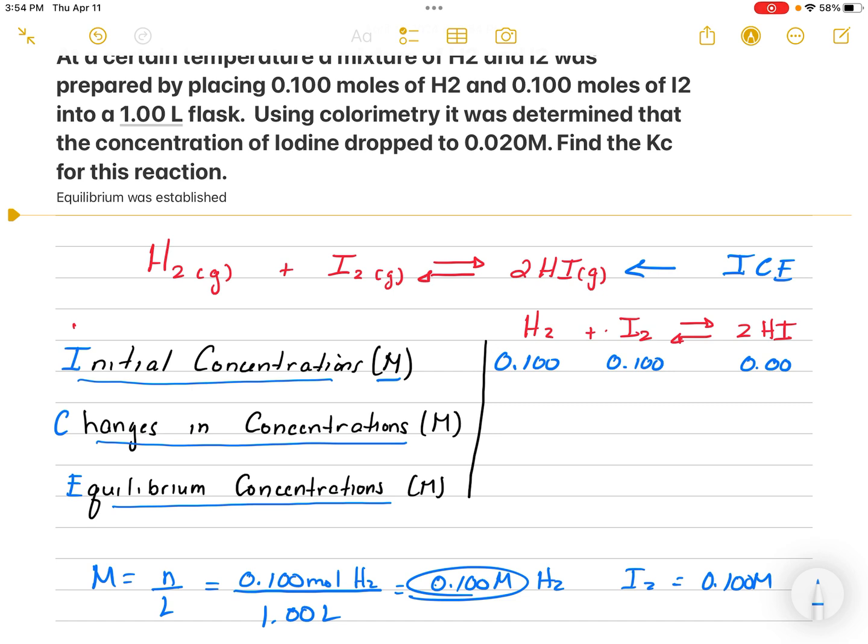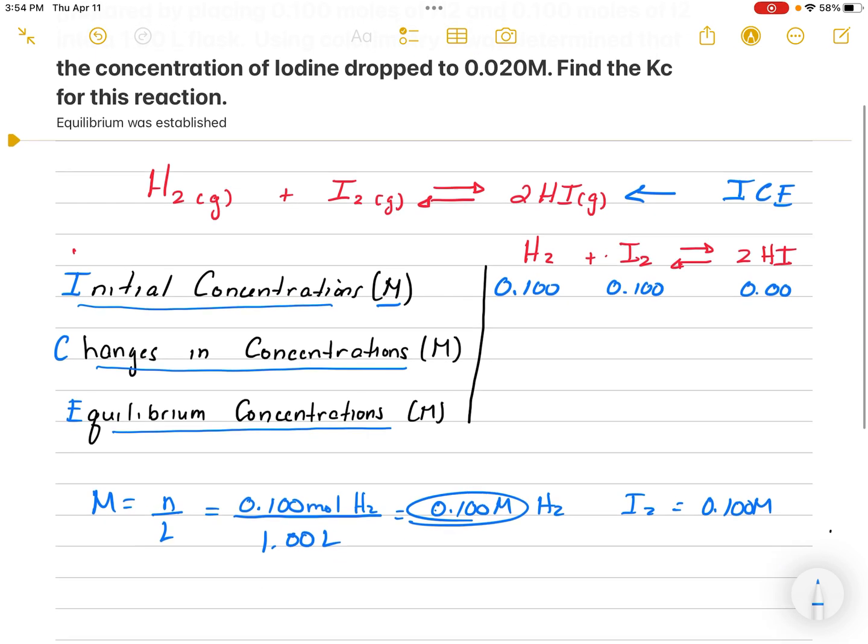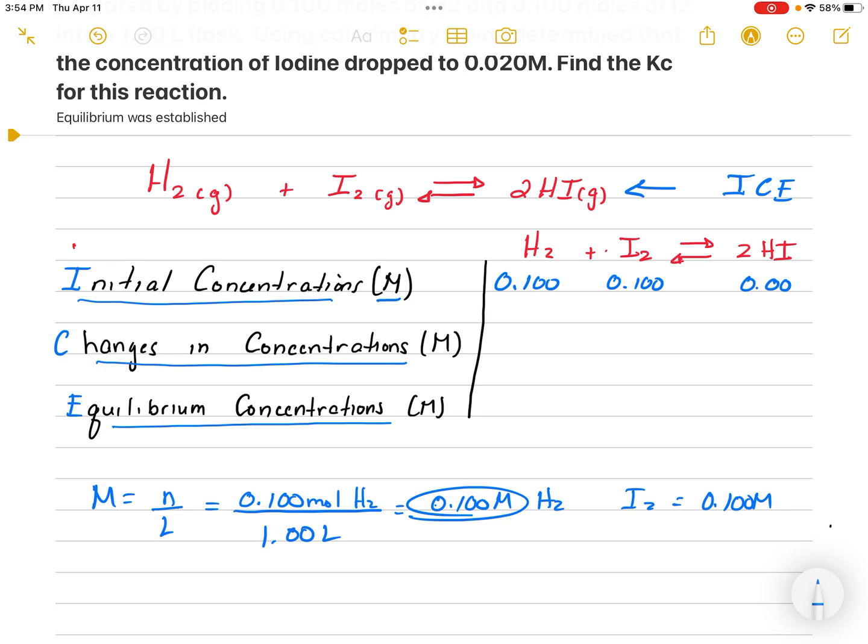Okay, so we see according to this question that the concentration of the iodine dropped to 0.020. So if I'm sitting at 0.100 and I drop by some amount to get to 0.020, then that amount should equal 0.080, right?